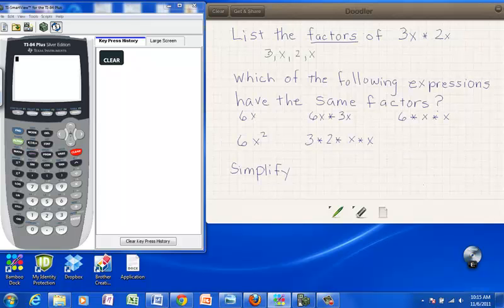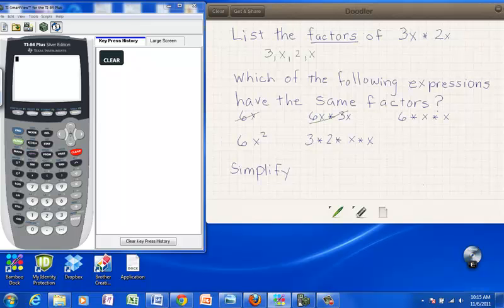The first one, there's a 3 and a 2, but there's only one x factor here, and our expression had 2 x factors. So this is not the same. 6 is already 3 times 2, and there's another 3 factor in this expression, so it's not the same.